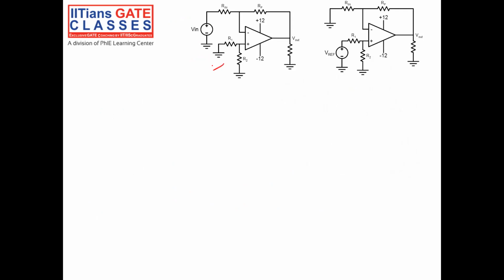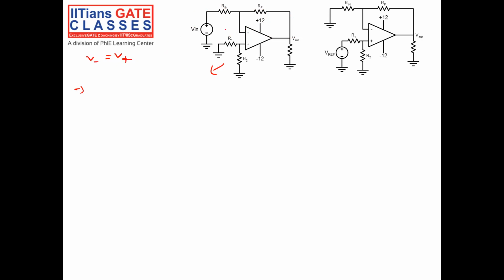So first calculate V out 1. What is V out 1, guys? See, since the op-amp is in negative feedback, because some part of the output is getting fed to the negative terminal, it obeys a principle called virtual ground. That means V negative is equal to V positive.